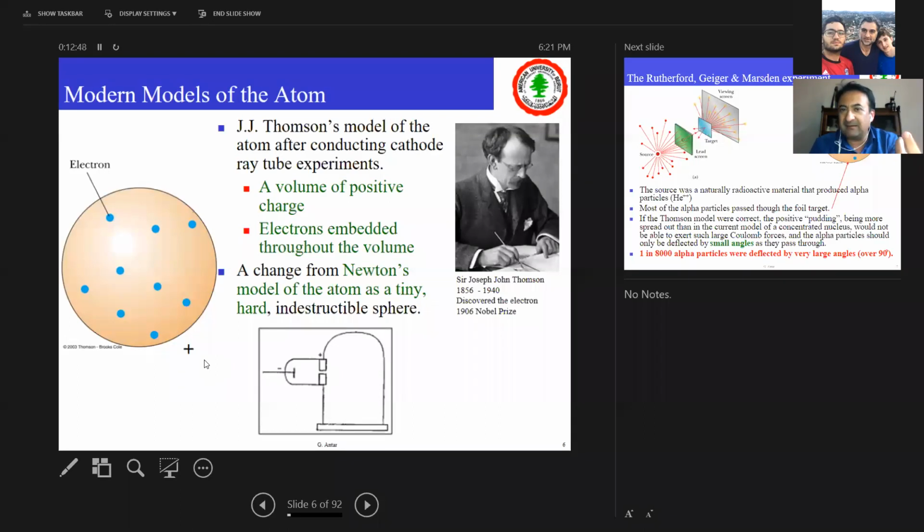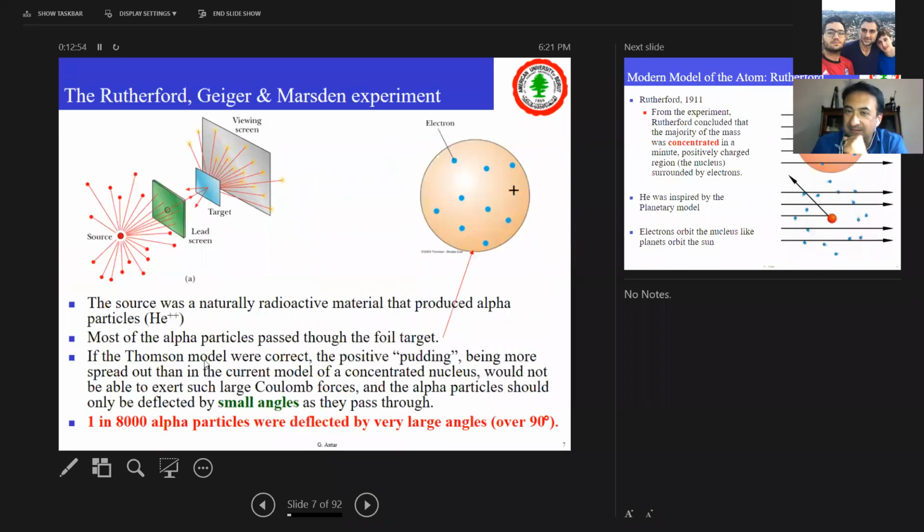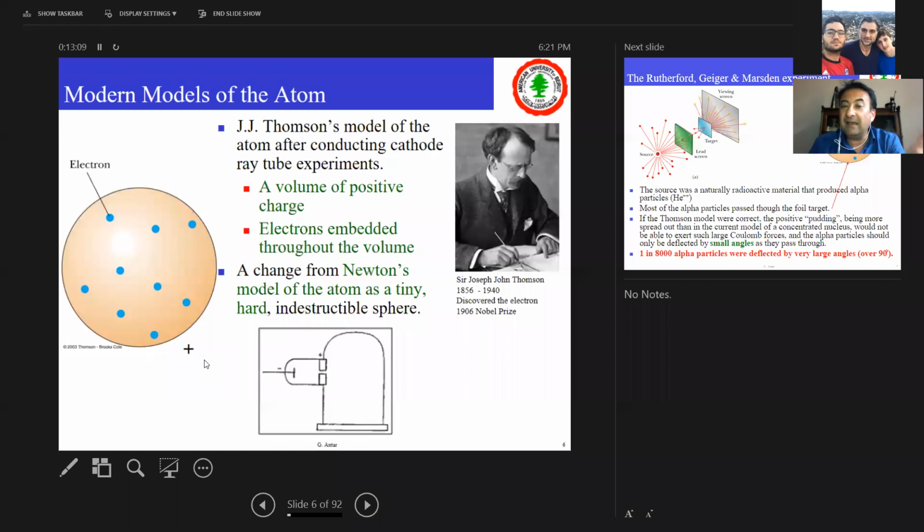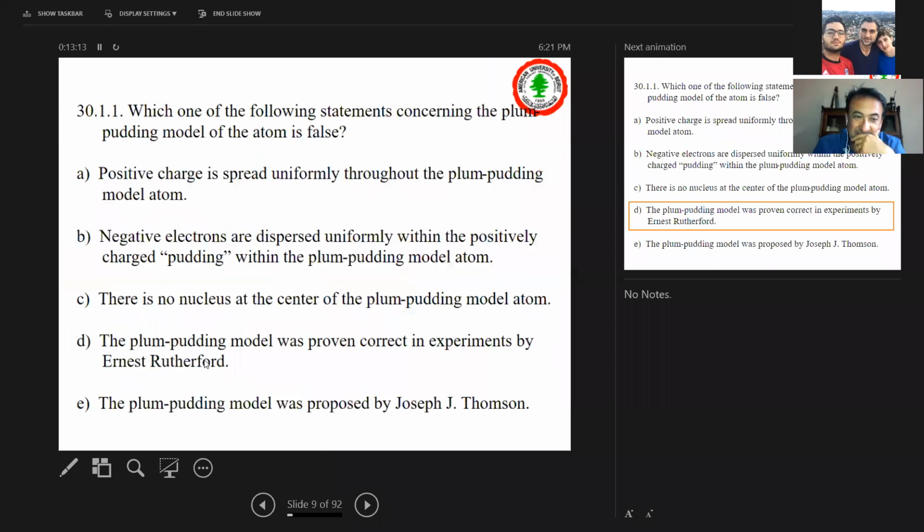You come up with something a bit smarter which explains this experiment. Then you have another experiment which challenges this new idea, and thus you have to come up with a different concept that enables you to explain this one, but also to explain this one, okay? And of course, to maintain this spherical shape of the atom.